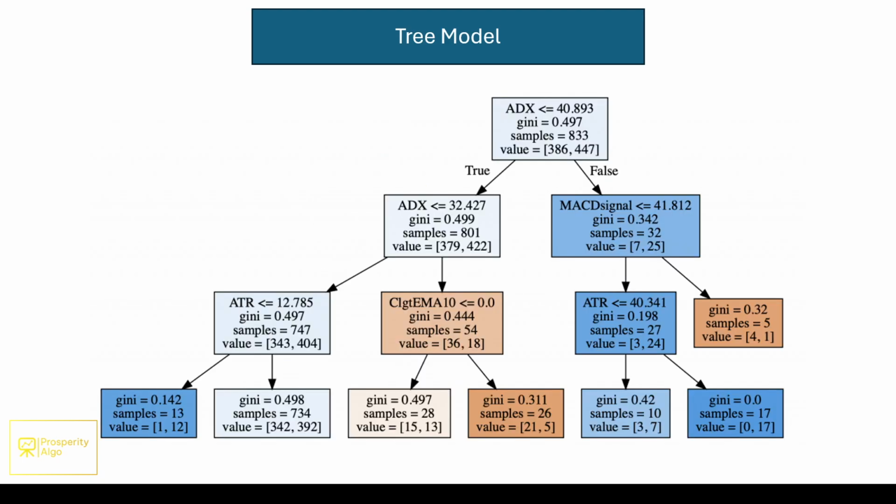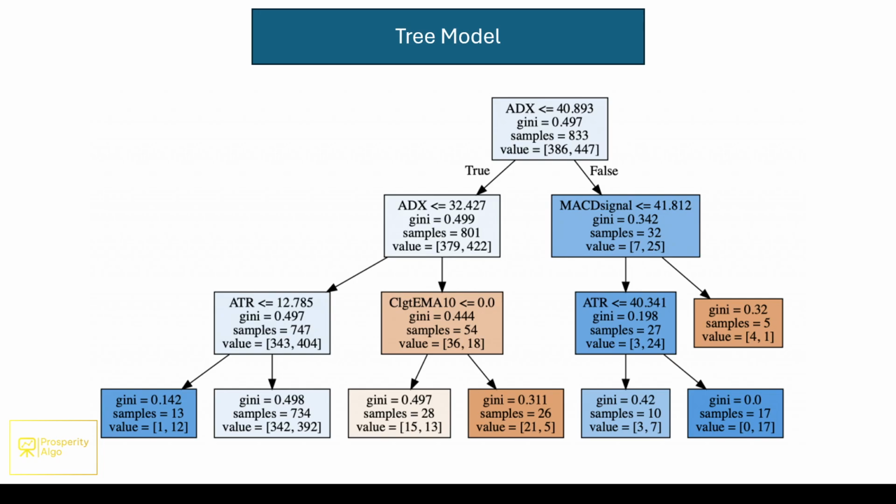And this is an example of how it might look in trading. Essentially, how a tree-based model works is it tries to, in the context of a classifier, split the samples or the trades into two different buckets given a series of conditions.